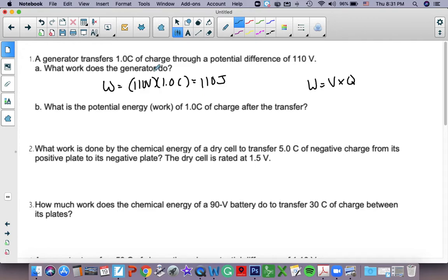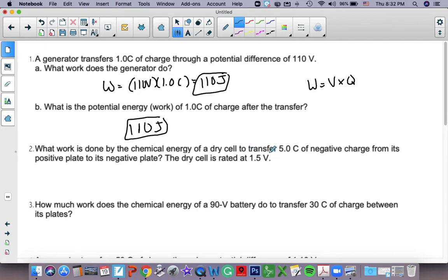The generator is doing 110 joules of work, and the question asks for the potential energy of 1 coulomb of charge. Potential energy and work are essentially the same thing, so this is just rewording. Again, that's 110 joules. So both of those are 110 joules.